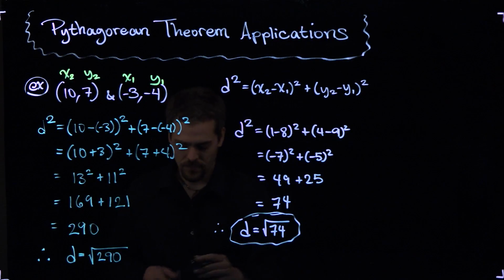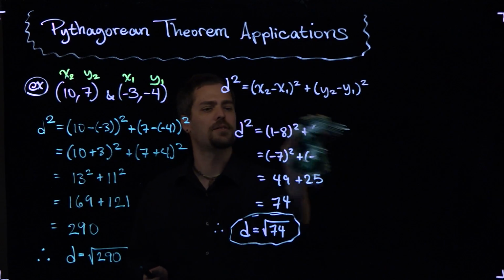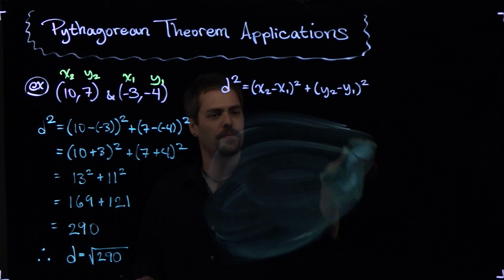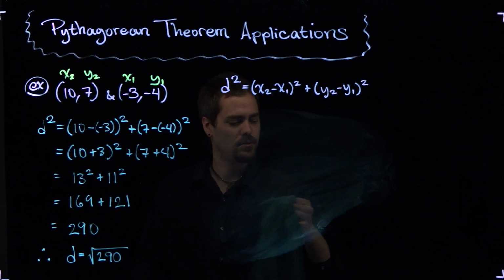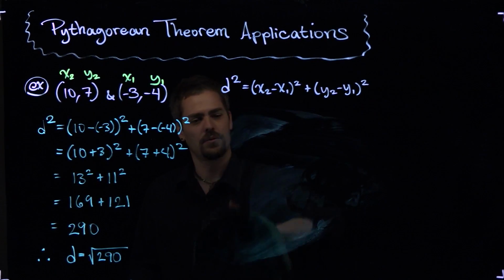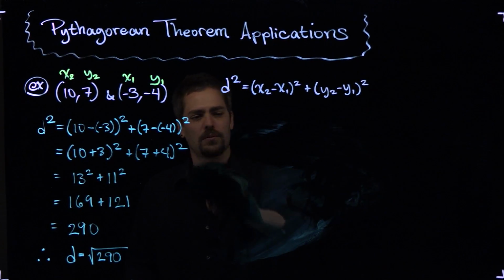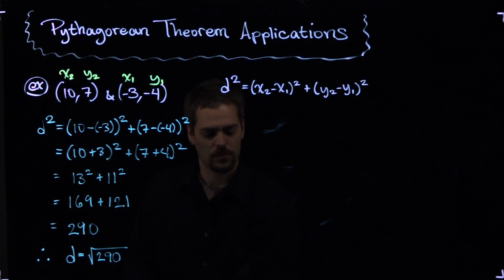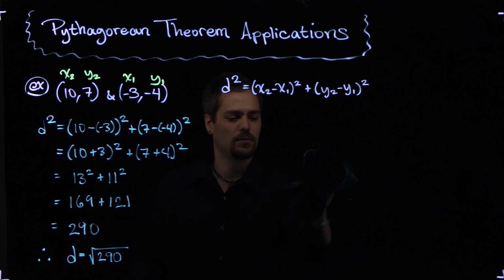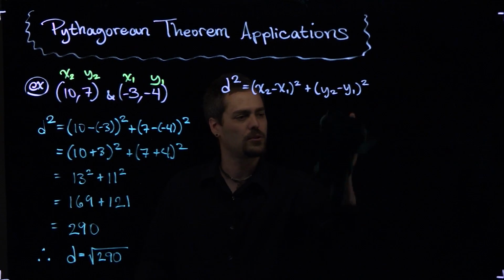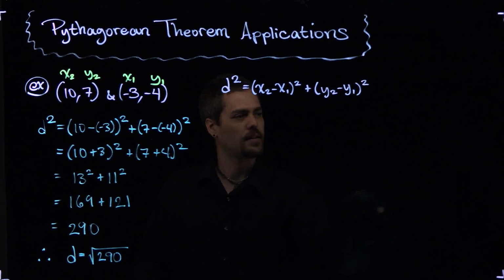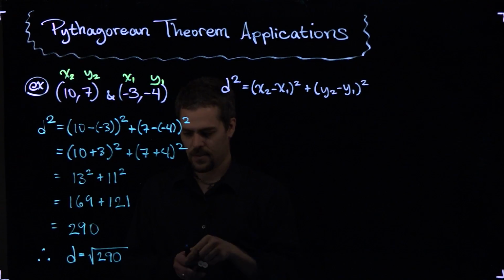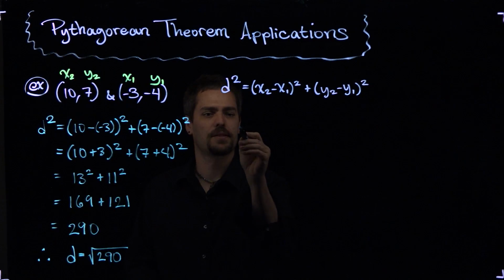So let me take a look at just 290 by itself and see if I can possibly simplify this root. Why do I not have a calculator next to me? Who knows? So let's take a look at 290.